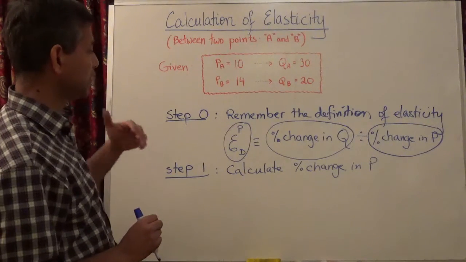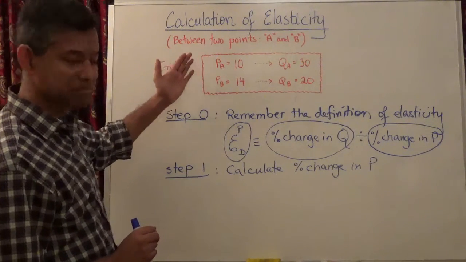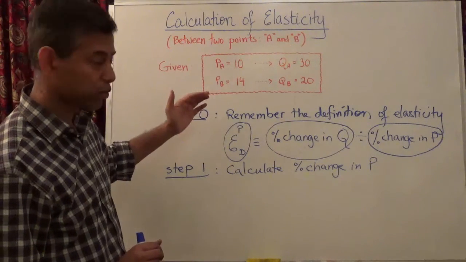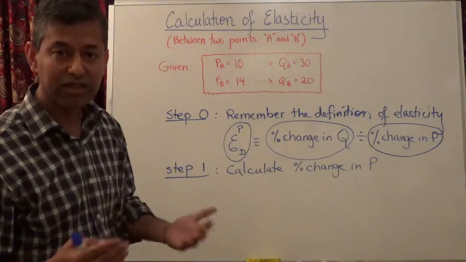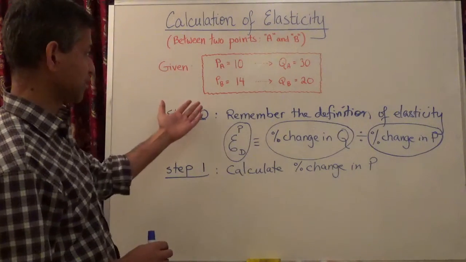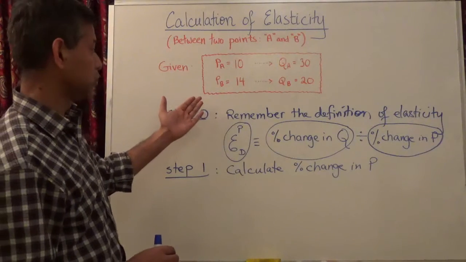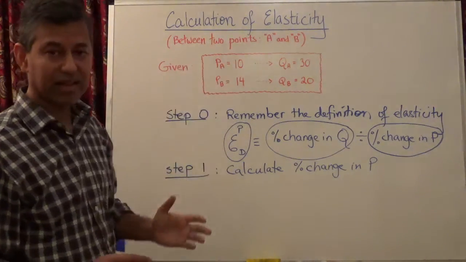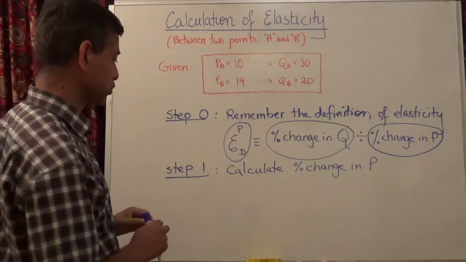Okay? When we have a different type of example where it is specified exactly, very clearly, which is the starting point and which is the end point, then the starting point is the initial point in terms of calculating a percentage change. In this example, we don't have that specification, so we are going to be using the middle point between the two prices as the average initial point.